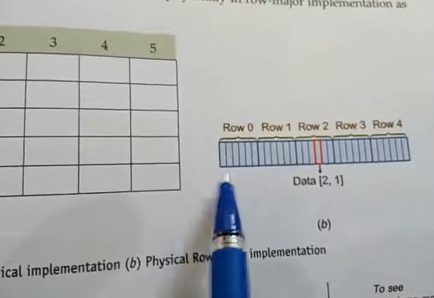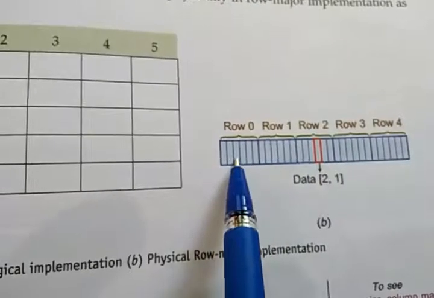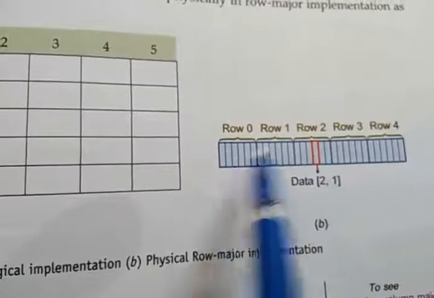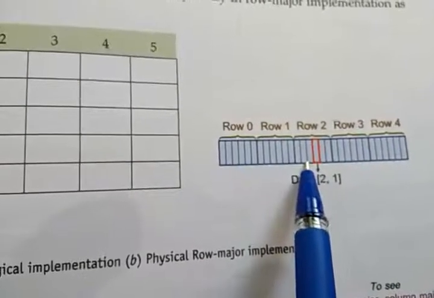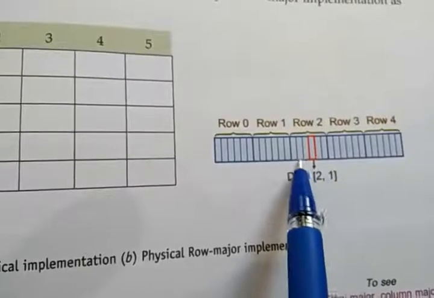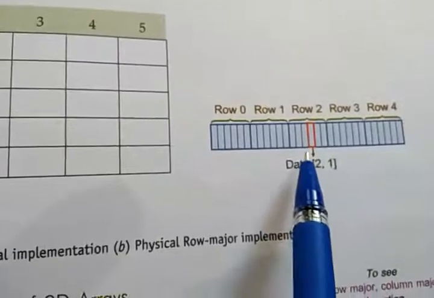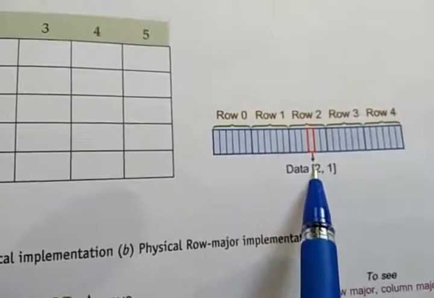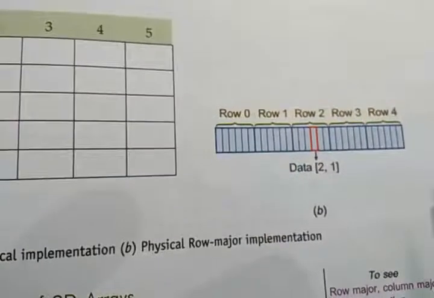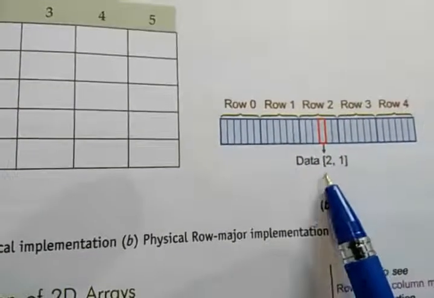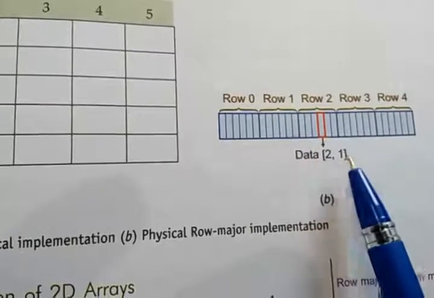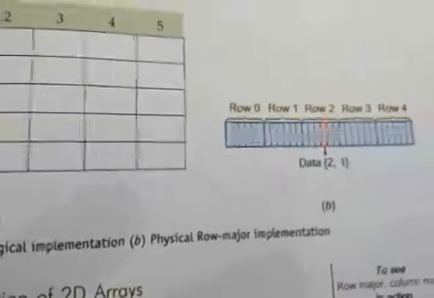And the indexes of this will be 0 of 0, 0 of 1, 0 of 2 and so on. This is the second row, second index means third row, and the index value of this will be 2 of 1. Here is a wrong printing in this book. So the index of this will be 0, 1, 2 and 3. So this will be 2 of 3.